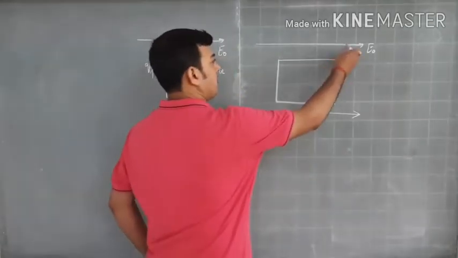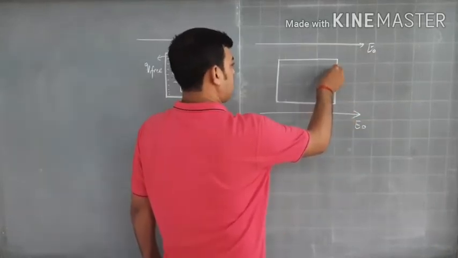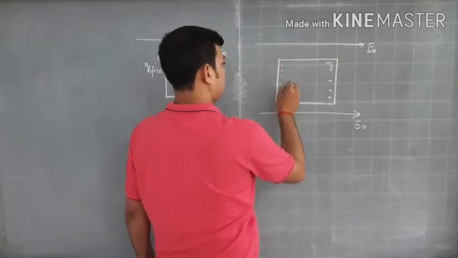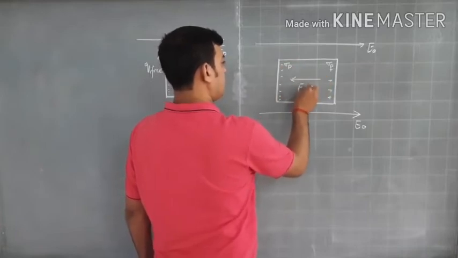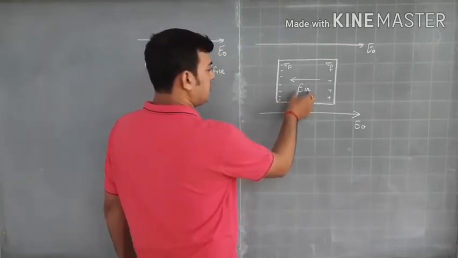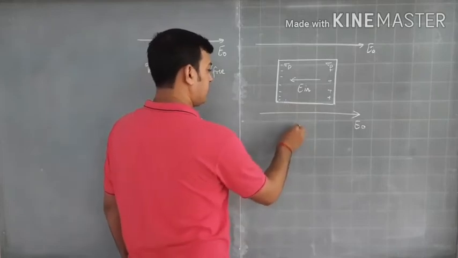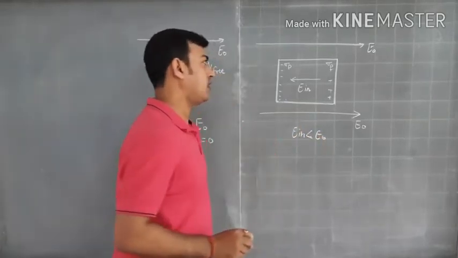But due to the presence of the external electric field, the charge density will appear on the opposite faces of this dielectric, and an induced electric field will be produced inside the dielectric, but this induced field inside the dielectric is very small in comparison to the external field.